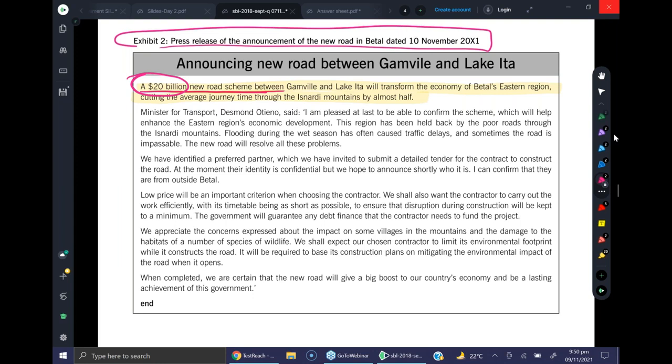Guys, are you getting this? No, we can start talking about this, that this project is double the size in terms of its value. So you can start talking about this and then come to the more specific points. Rabia, is that okay? You can start with this discussion, and the examiner will really like it, that you are picking the actual information, the facts and figures from the exhibits and explaining how big the project is.